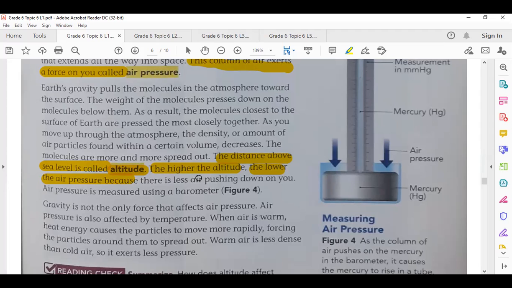So the higher the altitude, the lower the air pressure, and the opposite is true: the lower the altitude, the higher the pressure. The higher the altitude, the lower the air pressure, because there is less air pushing down on you. Look here.